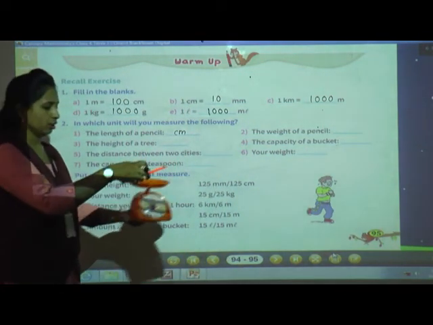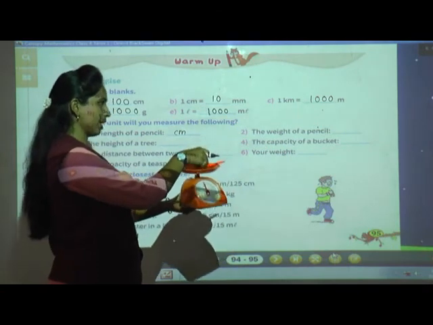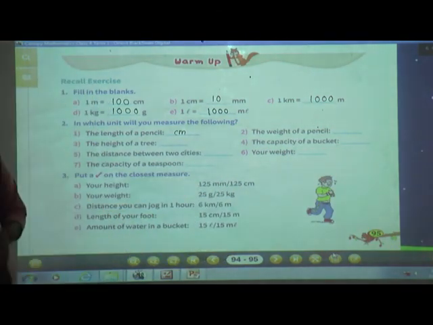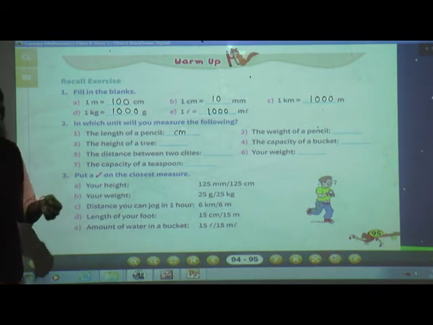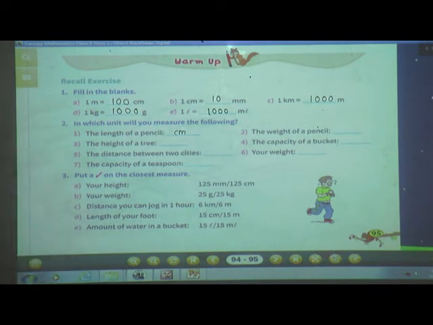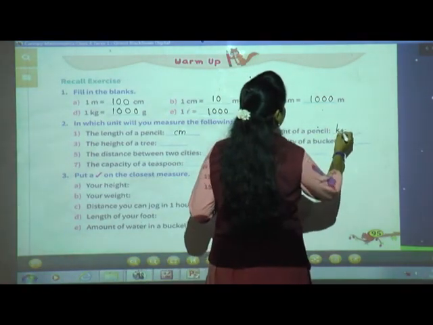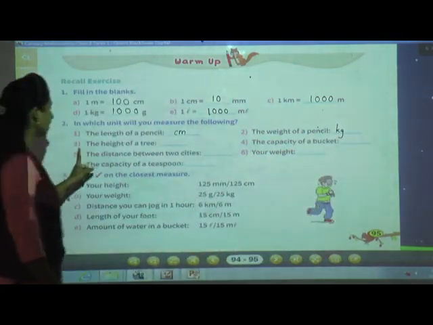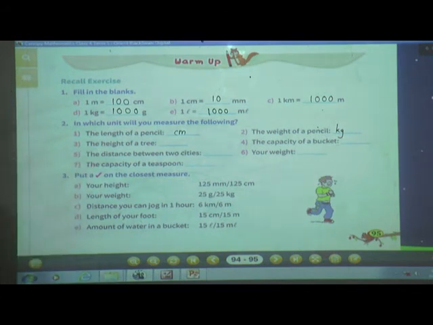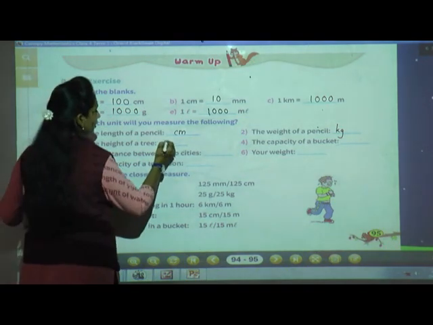So we measure weight in, yes, tell me, kilogram, isn't it? Kg. Now the height of the tree, yes, see how much height it is. How will you measure? Yes, in meters, isn't it?